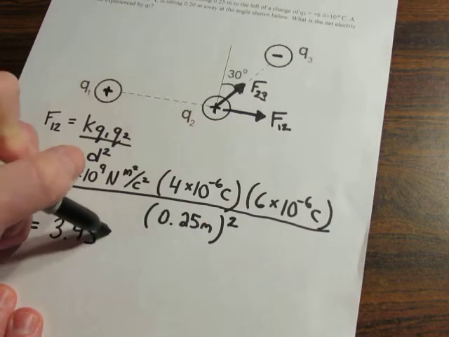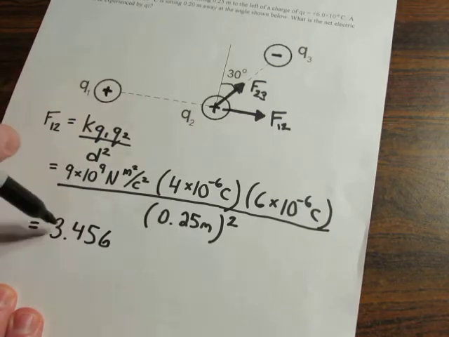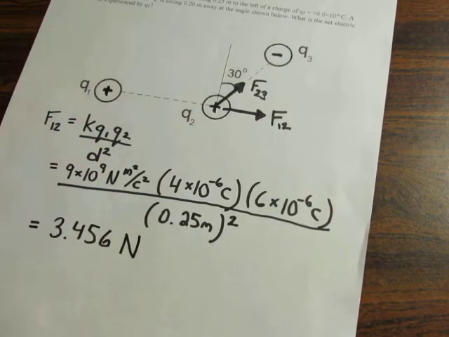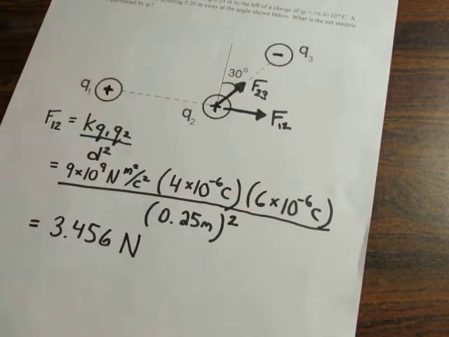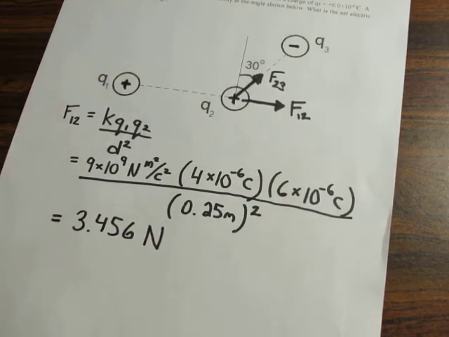3.456. And it's not even in scientific, it doesn't even have exponents. It's 3.456 newtons. That's actually one of the reasons why you get charges in questions quite a bit that are to the negative 6. Because with the K constant multiplied into them, you'll get reasonably whole looking numbers if they give you charges that are to the negative 6.